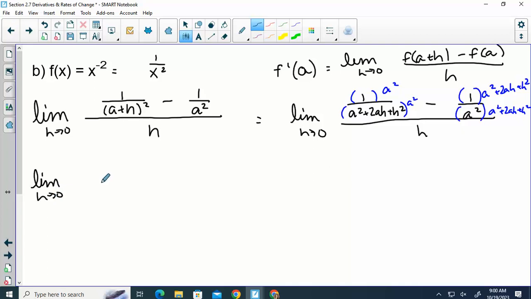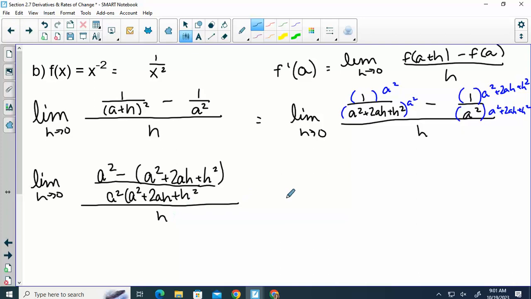Can I go ahead and write those as one fraction, since I know the denominator will match? So it'll be a squared times (a squared plus 2ah plus h squared) on the bottom, and on the top I would have a squared minus... have I lost?